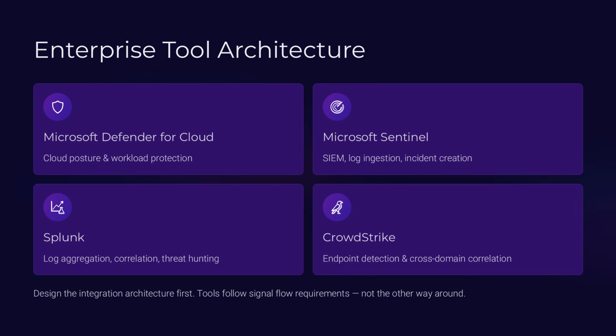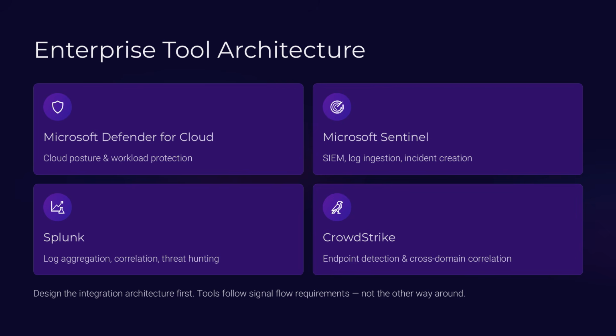Splunk provides broad log aggregation, analytics, correlation, and threat hunting capabilities, enabling security teams to analyze large volumes of telemetry, including artificial intelligence interaction signals. CrowdStrike provides endpoint detection, response, and threat hunting capabilities, contributing to cross-domain correlation when attacks involve user devices and identities interacting with artificial intelligence systems.